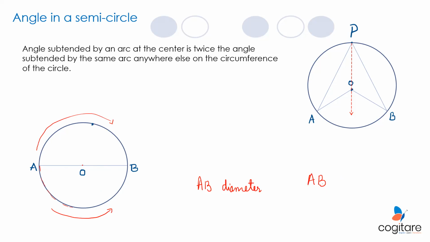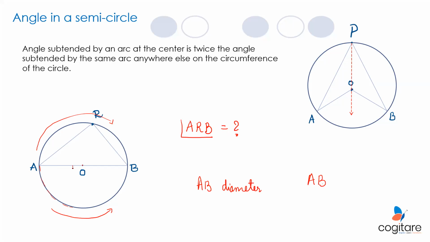In this case, if I pick a point on the circumference of the circle and call it R, and join this point to the endpoints of the arc, what could the measure of angle ARB be?